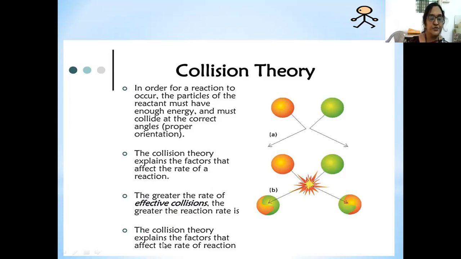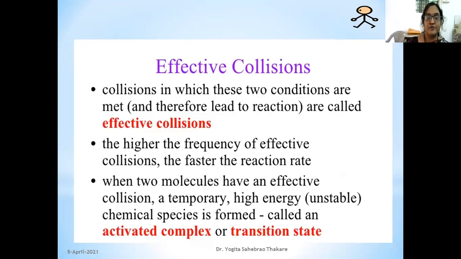So, what is an effective collision? The collision in which these two conditions, as we have already discussed, are satisfied is called an effective collision. The higher the frequency of effective collisions, the faster the reaction rate.